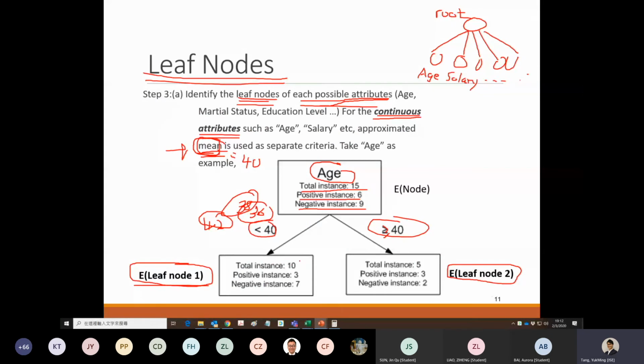For those less than 40 years old, there are 10 customers: 3 of them are positive instances and 7 are negative instances. Then there are 5 customers larger or equal to 40 years old: 3 are positive instances and 2 are negative instances.